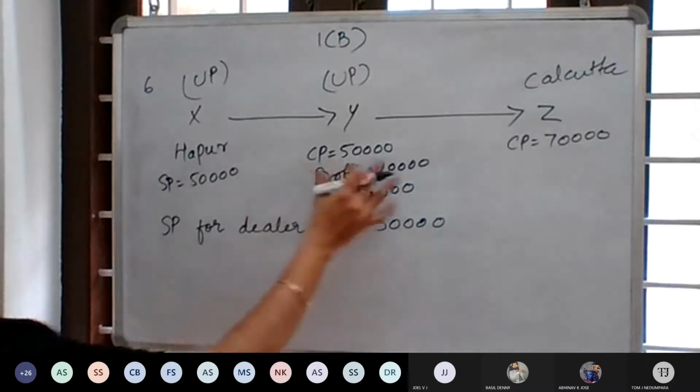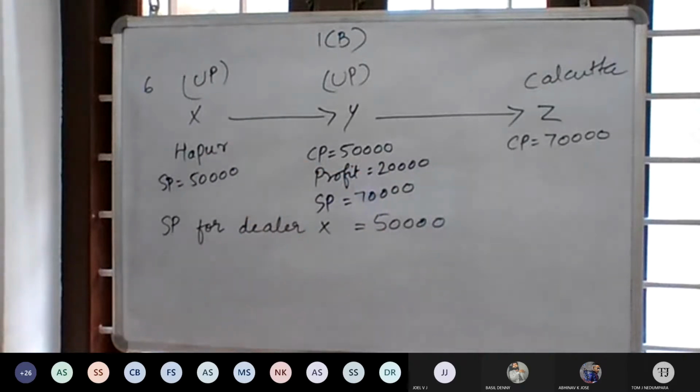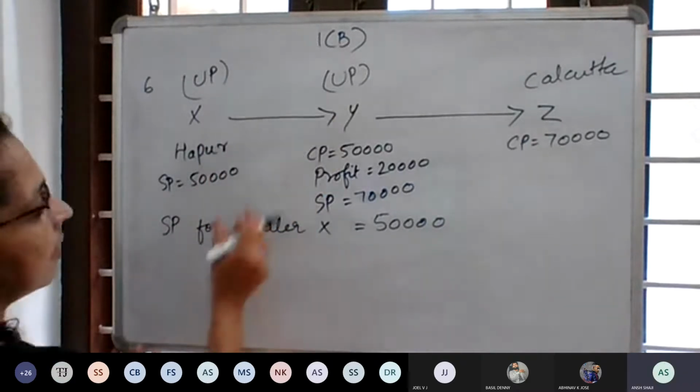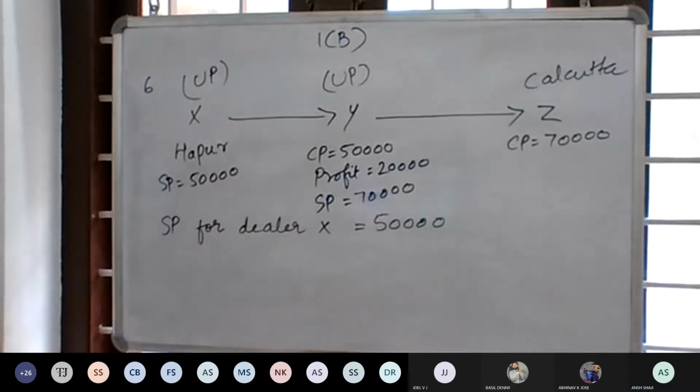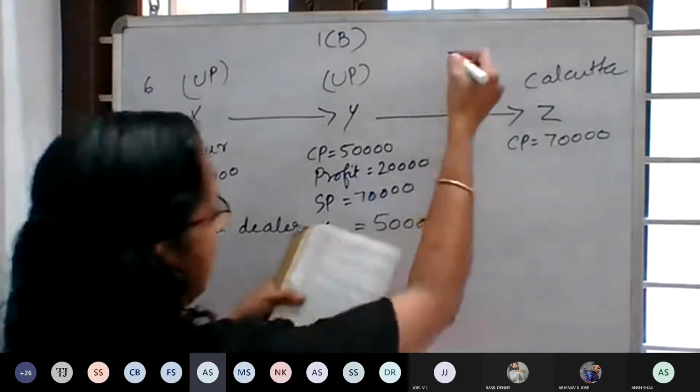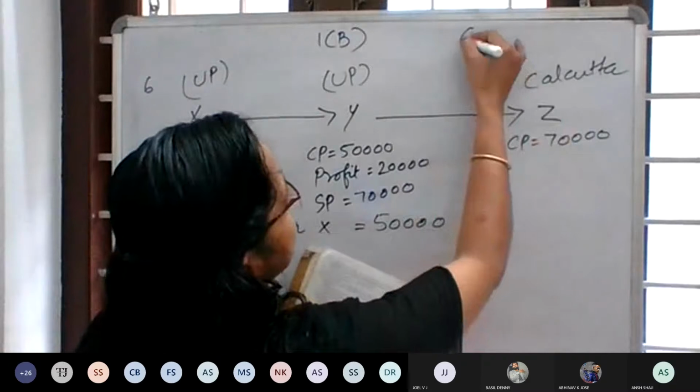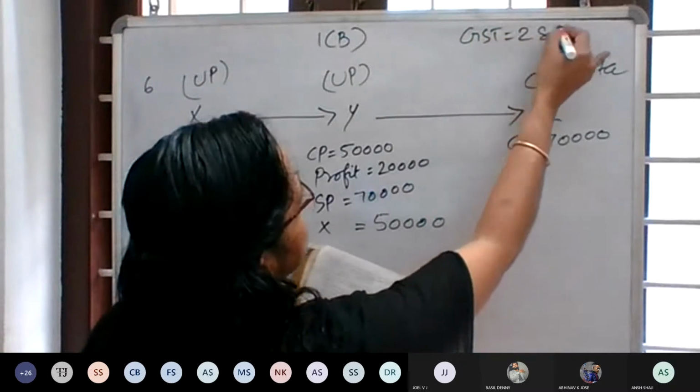If you are writing this way, it will be easy for you to find out. That's why. SP for dealer X is equal to 50,000. Then directly we can write, this is a transaction. Since the transaction is from given GST, what is the rate? 28%. So given GST is equal to 28%.